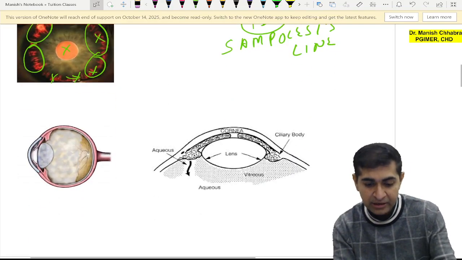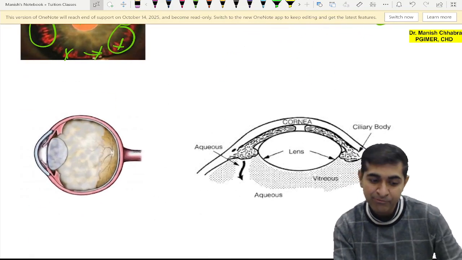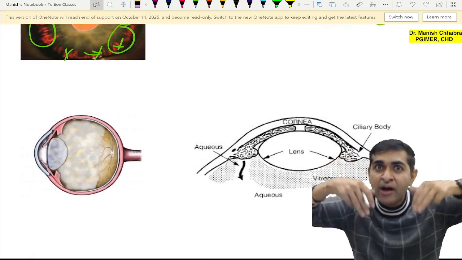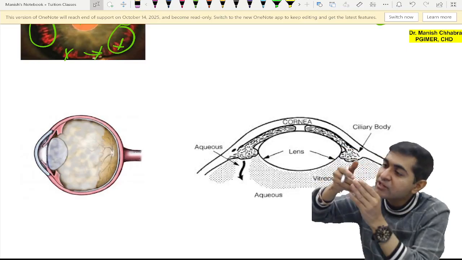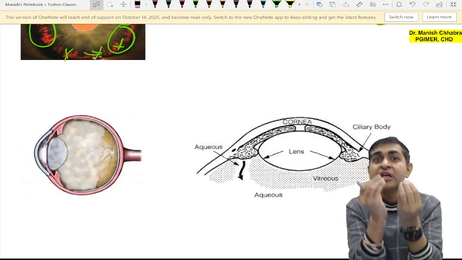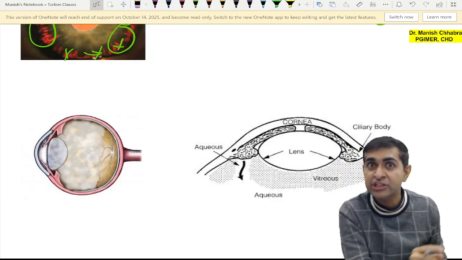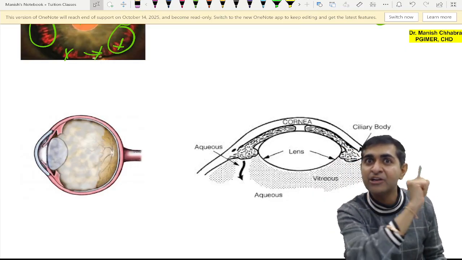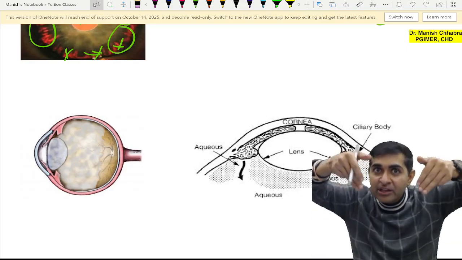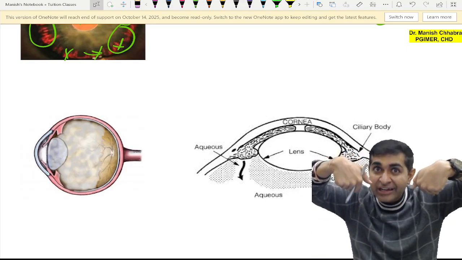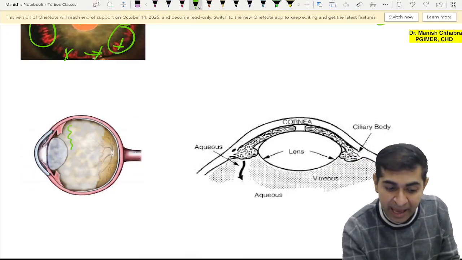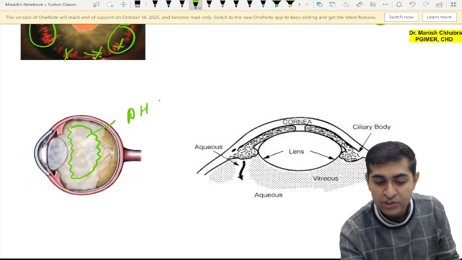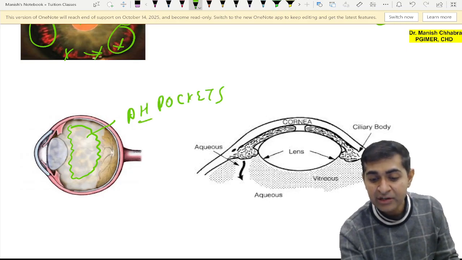Okay, all right, now there is another image which I have put. So there is misdirection of the aqueous humor. Why? Because there is back rotation of the ciliary processes which secrete the aqueous humor. Aqueous humor is secreted by the non-pigmented epithelial cells of the pars plicata of the ciliary body, right? So when there is reverse direction, it starts dumping aqueous humor in the vitreous, such that there is formation of aqueous humor pockets in the vitreous humor.